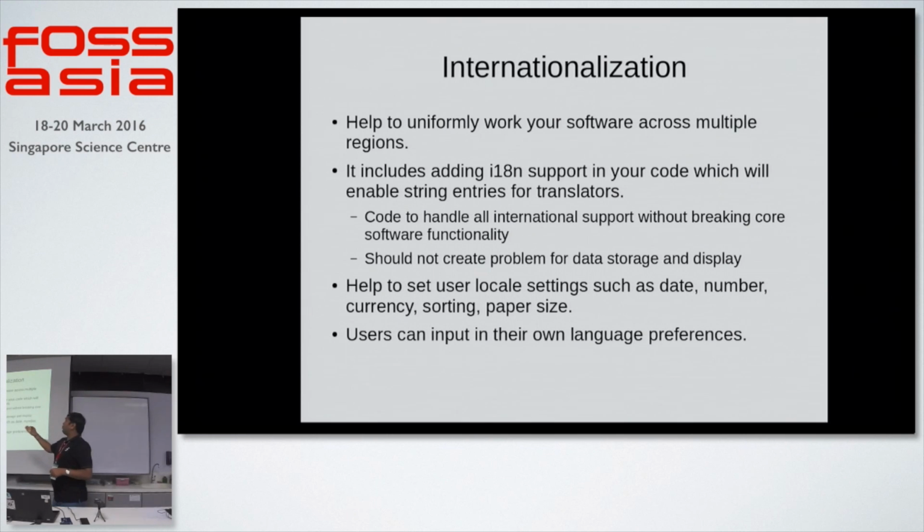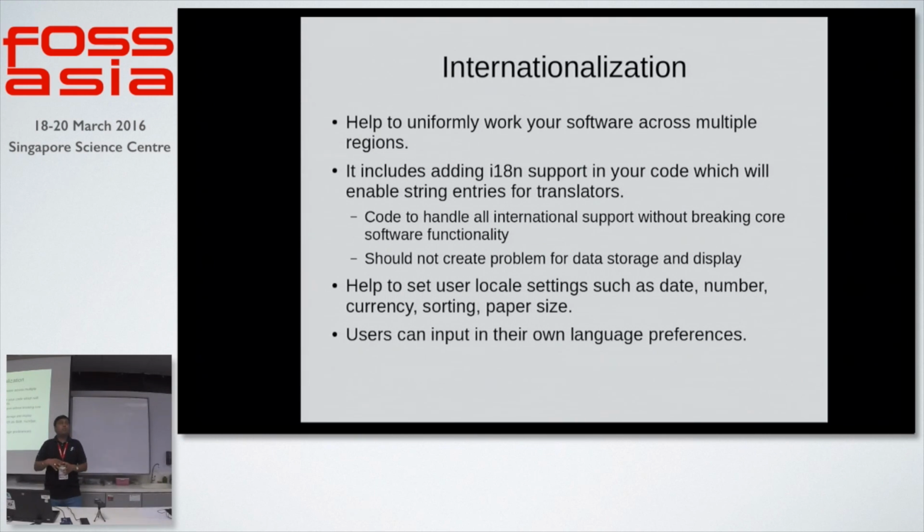So it is nothing but code to handle all the international support without breaking the core software functionality. The I18N task is that you should not break the core software functionality, and let people do the translations in their own language. I will explain this point in a later slide. It should also not create a problem for data storage and display. So while adding I18N support or doing the translation, whatever translations appear when you run that software in different languages should not create a problem for rendering.